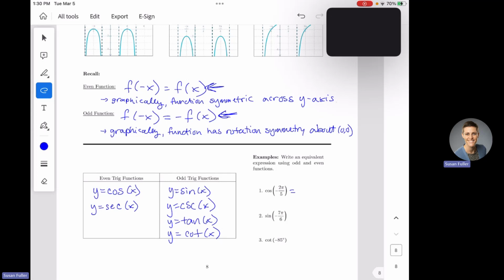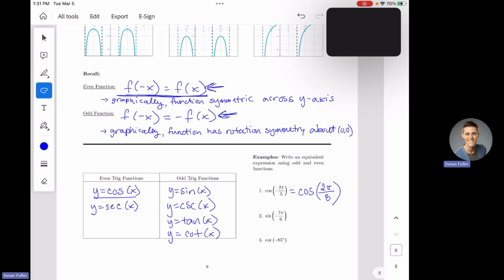Because cosine is an even function, and even functions mean you get the same thing whether your x value is positive or negative, the cosine of negative 2 pi over 5 is exactly the same as the cosine of positive 2 pi over 5. So really that's all this wants you to do. It doesn't want you to put it into the unit circle or anything like that. It just wants you to write it with a positive input.